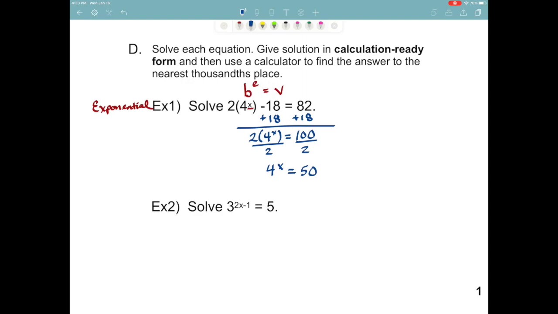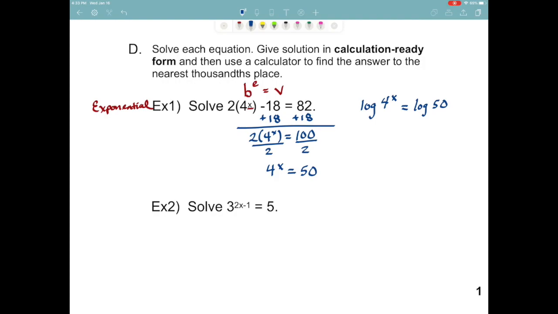Now we've solved a lot of these already in the past couple days. We're going to take the log of each side, and you can do whatever base you want. I'm just going to do log base 10. So I have log of 4 to the x equals the log of 50.